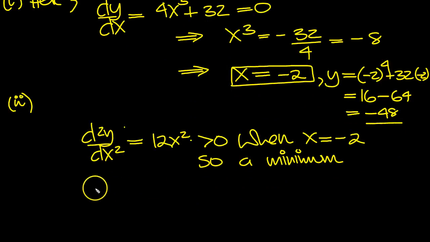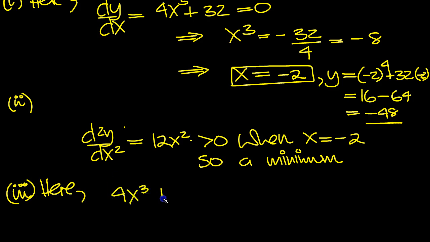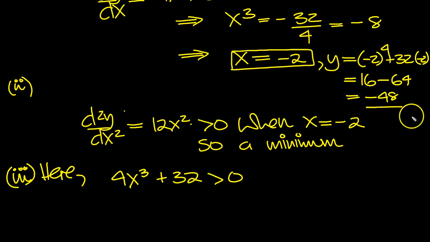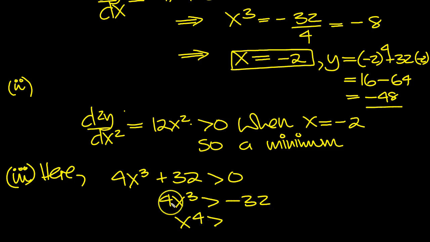So 4x cubed plus 32 is greater than 0. That's when dy dx is positive and the curve will be increasing. So that tells us that 4x cubed is greater than minus 32. Divide by 4, x cubed is greater than minus 32 over 4, which is minus 8.